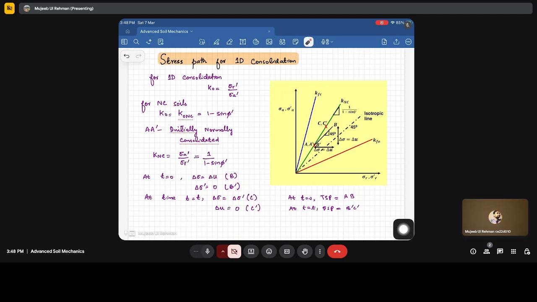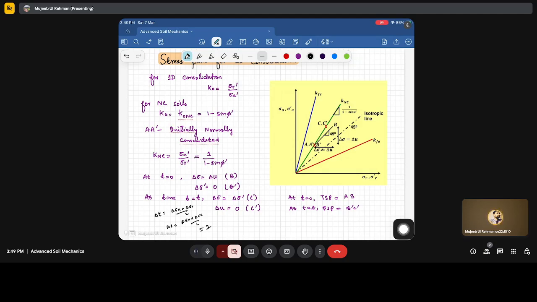Now if we calculate delta t, it is delta sigma a minus delta sigma r divided by 2, and delta s is equal to delta sigma r plus delta sigma a by 2, and then determine the slope for it. We will come to know that this slope is equivalent to 1.